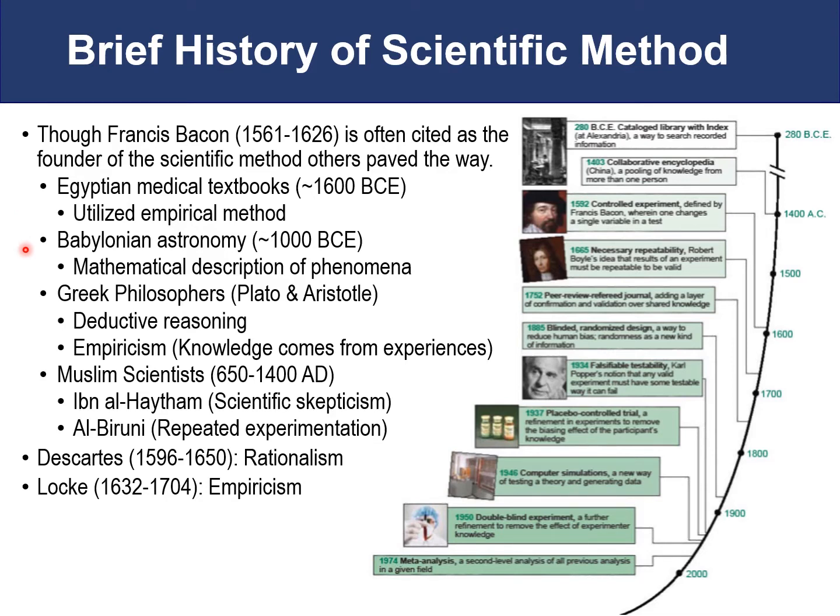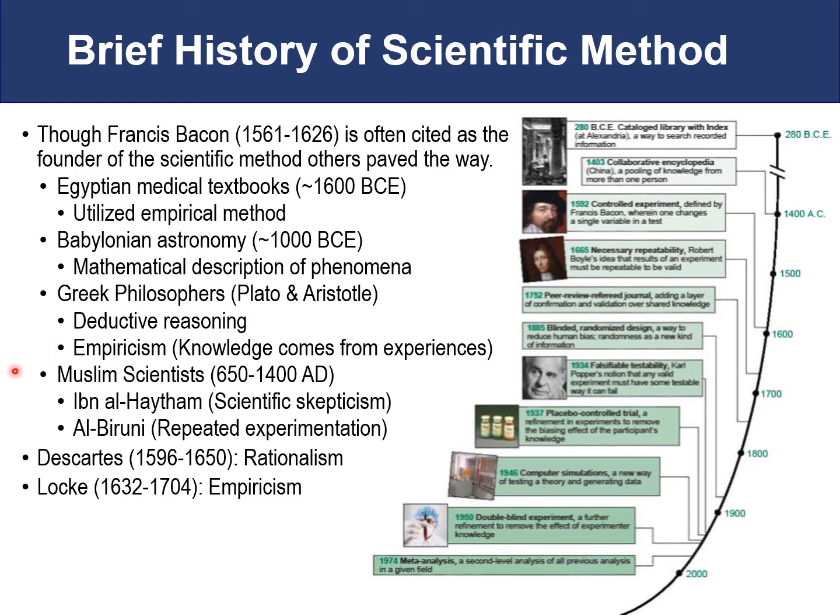Babylonian astronomy, roughly 600 years later, used mathematical descriptions for phenomena. So this was the first use of mathematical expressions to come up with explanations for phenomena. Greek philosophers then added to this deductive reasoning and empiricism. Again, empiricism is one of the philosophical foundations of the modern scientific method.